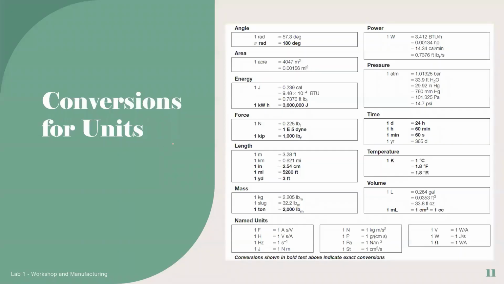Conversions for units. Okay, we talked about the units. We have the SI system. We're going to use the SI system for sure, yes. But sometimes we need to convert one unit into another. And for that, we have our tables. For example, here you see 1 kilogram in pound mass.